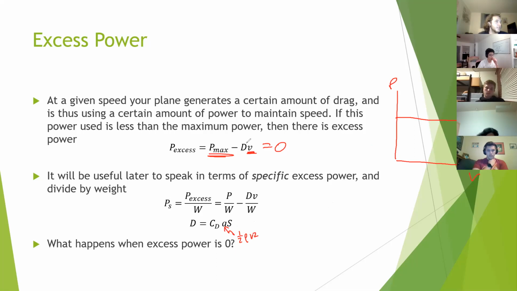So this term is really 1/2 rho v cubed CDS. And so you're going to get a velocity versus power curve that's essentially a cubic function that goes through the origin. And that's your power drawn by the aircraft.